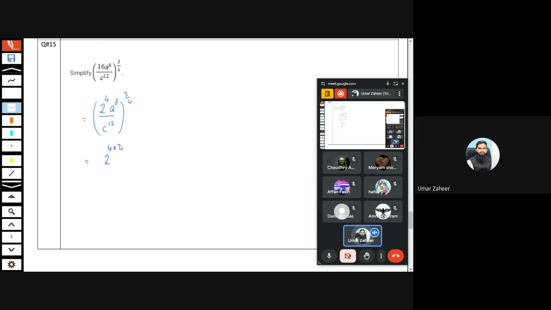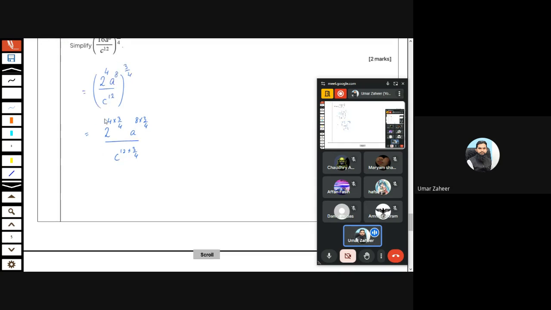So 4 multiplied by 3 by 4, a raised to power 8 multiplied by 3 by 4, c raised to power 12 multiplied by 3 by 4. 3 by 4 is the whole power, so I will apply it on each term.